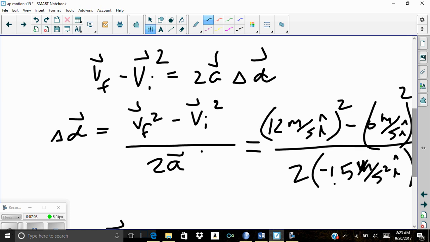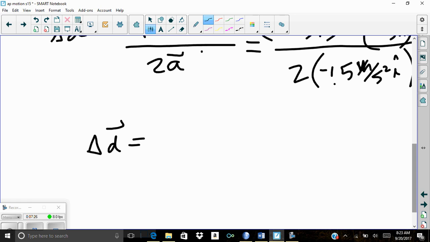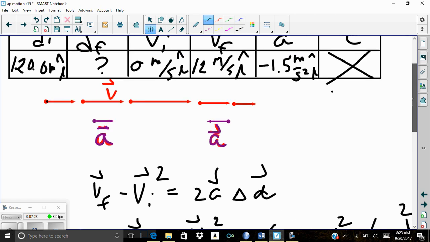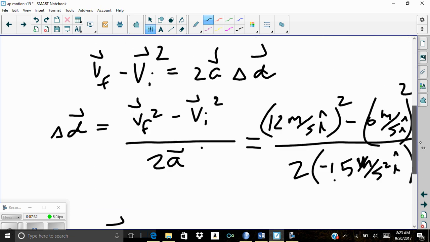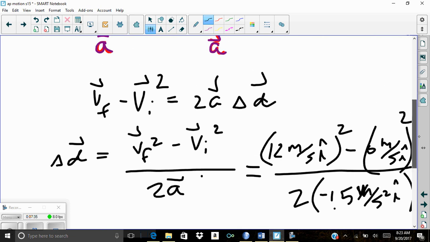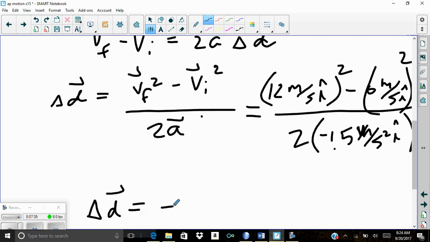Okay, so I'm going to put my numbers in. I get 12 squared, and that gives me 144, and I'm going to divide that by 2 times negative 1.5. That gives me a total displacement of negative 48.